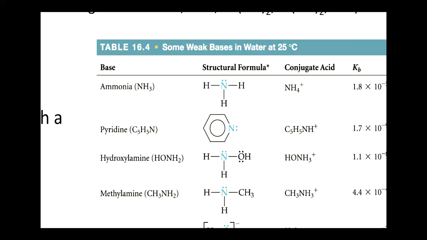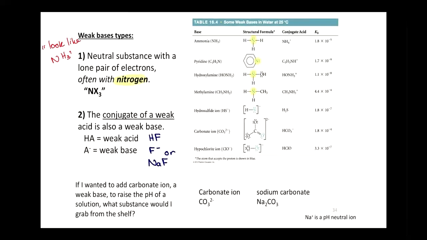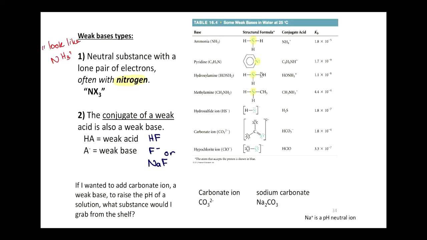See how all of them look like ammonia because they have an N with a lone pair? They're all weak bases. They all have Kb values associated with them, right? And same thing with weak bases: if the Kb is a larger number, then it's a stronger base than something with a smaller Kb. All right, so that's the one you want to look for.